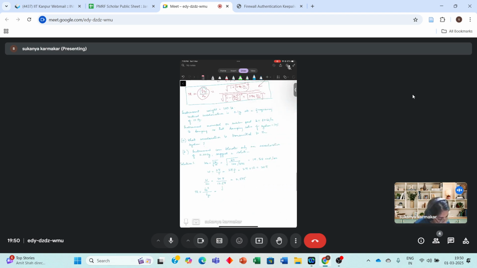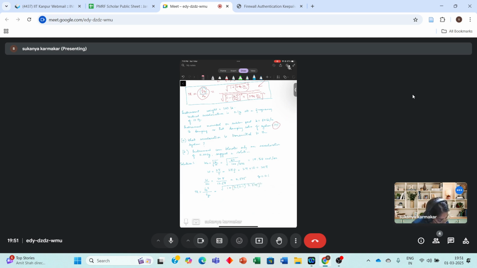So it will be under root of 1 plus 2. What is the damping? Damping is 10%. So let's use it. So zeta is equal to 0.1, and omega by omega n is 3.575.